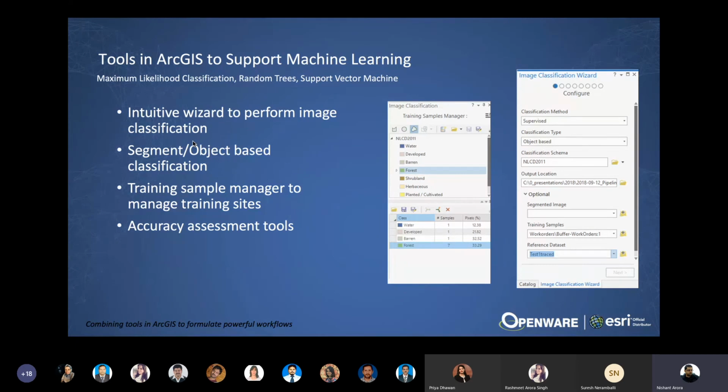It is segment or object-based classification techniques. You can use a training sample manager to create training sites and manage your training sites. In order for you to confirm whether the training sites that you have selected will give you an appropriate result, there are accuracy assessment tools that you have to run on your samples so that you assure that your site selection is correct.